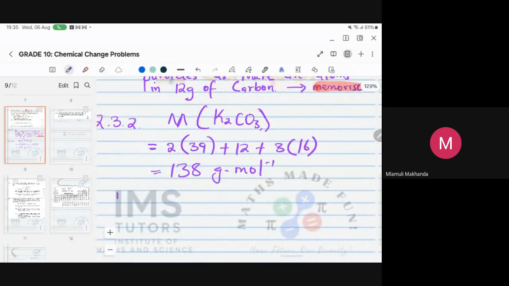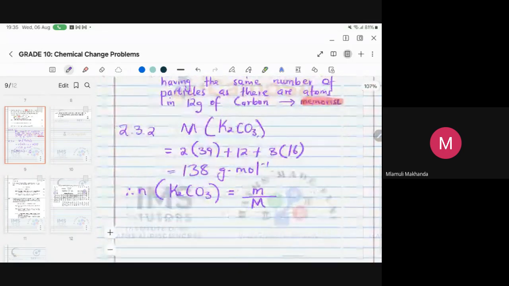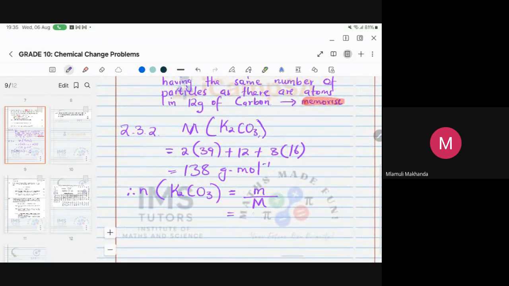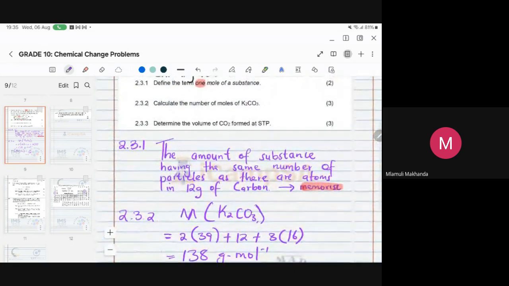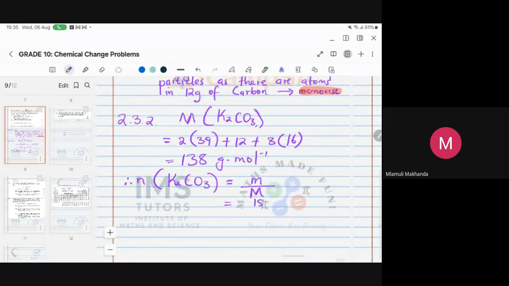So therefore, number of moles of K2CO3. Notice I make a habit of always specifying the number of moles I'm calculating. This will help you so that you can keep track of what you've done so far in your calculations. So small m, which is mass, over big M, which is molar mass. And then we were given that 15 grams of potassium reacts.